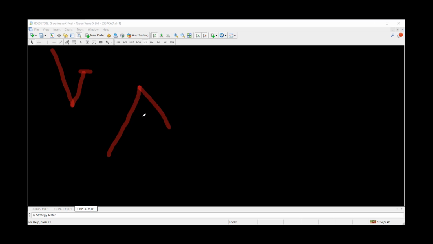So when we have an impulse, this is the starting point of the impulse, and this is the ending part. The correction is going to start from the ending part of the impulse, from here. This is going to be a correction provided it does not go bigger than the impulse, provided it doesn't break below here.